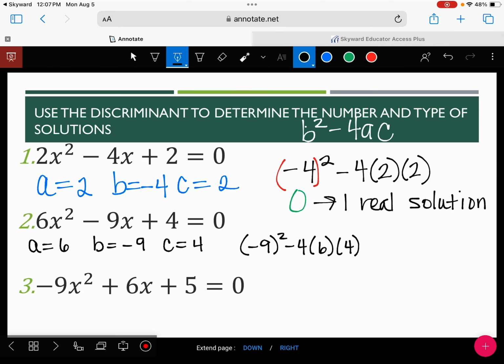All right, so go ahead and figure out what we have. So 81 minus, okay, so I think you get a negative number. Is it Jaden?